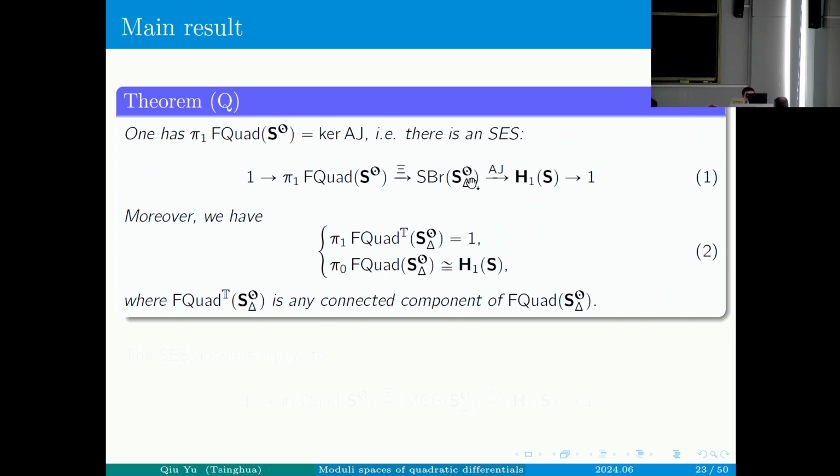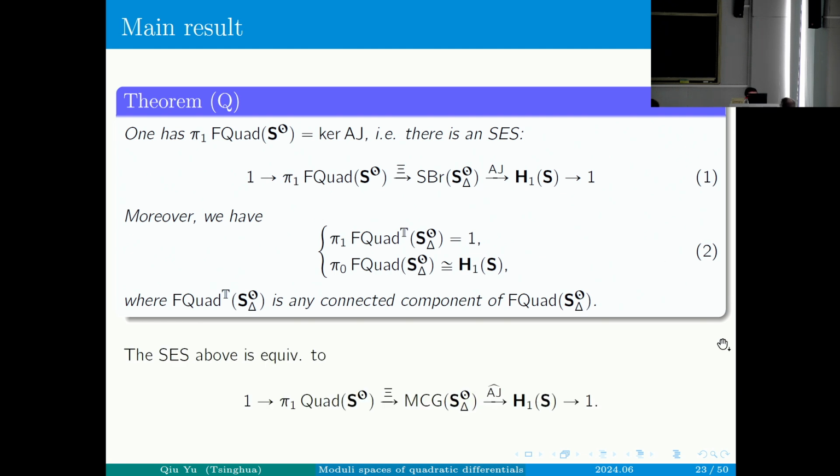This exact sequence tells us that the number of connected components here is parameterized by the first homology of S, forgetting about the decorations and the punctures. Moreover, each of the connected components is simply connected. So this basically tells you all the information about pi 0 and pi 1. Later I will mention that conjecturally, this will determine its homotopy type. So basically, this space should be contractible.